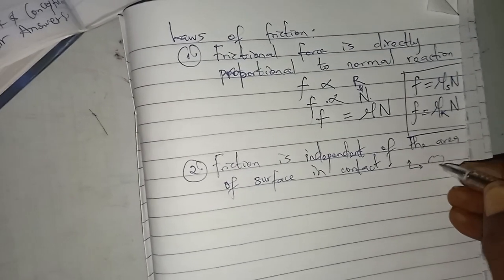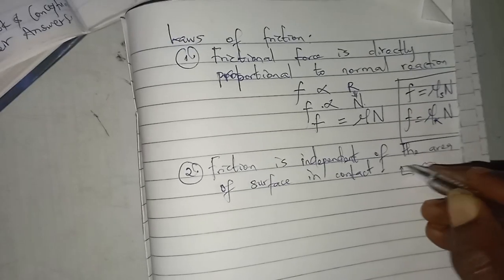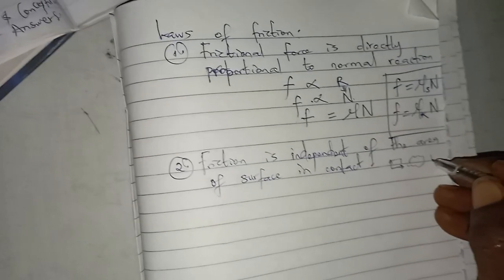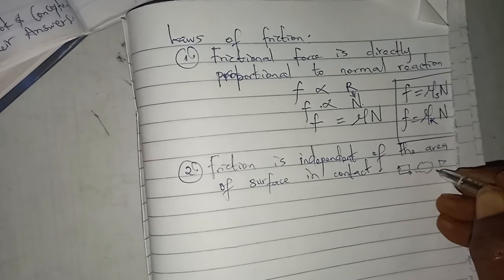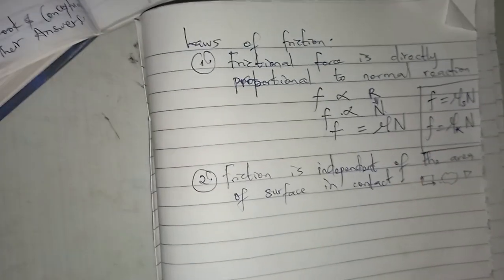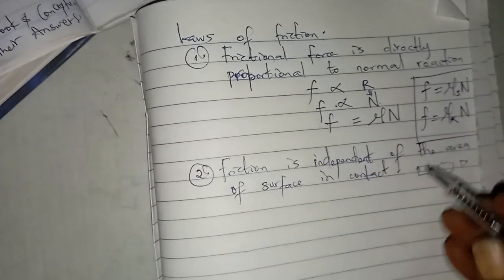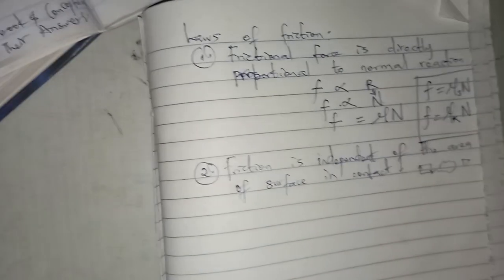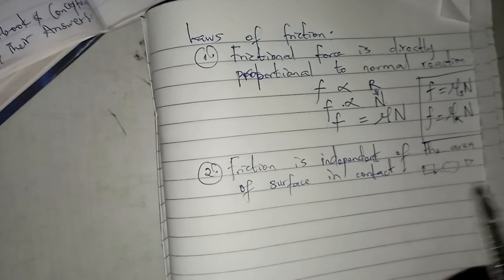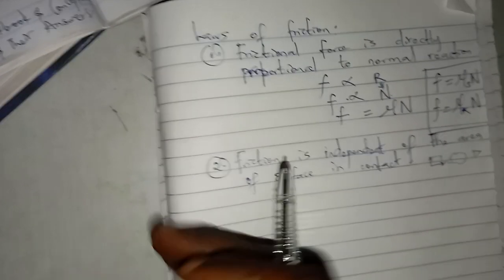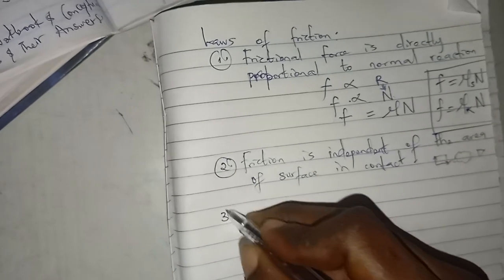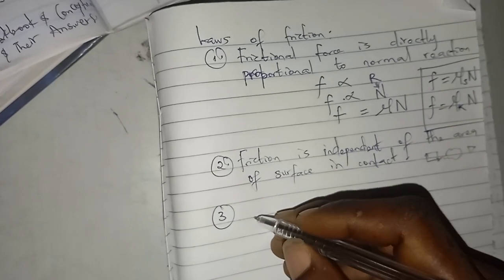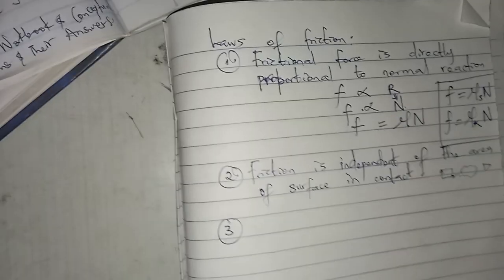So if the surface, let it be circle, or block, or rectangle, square, or triangle, let it be small or big, friction does not look at it. It will still occur the normal way it should occur. It will not say let me be small because the surface is small, let me be big because. So it's independent of the area, or you say it's independent of the quantity of the surface, or the amount of surface.